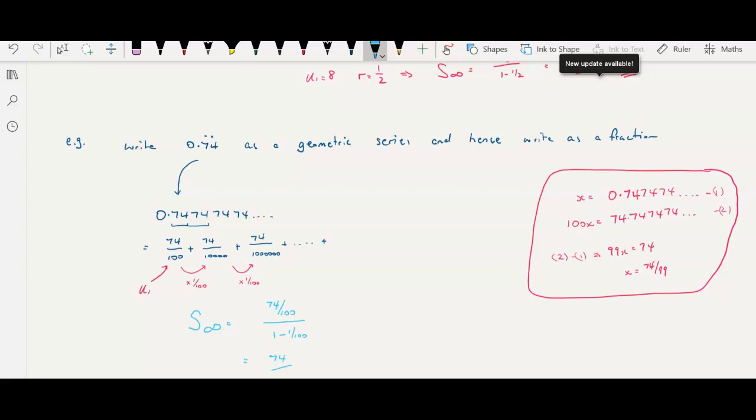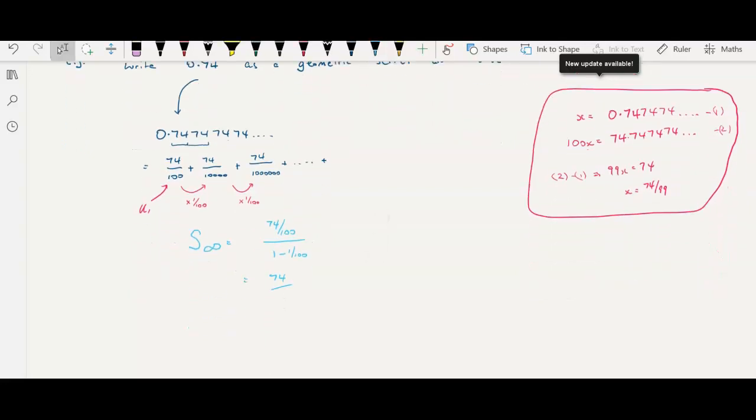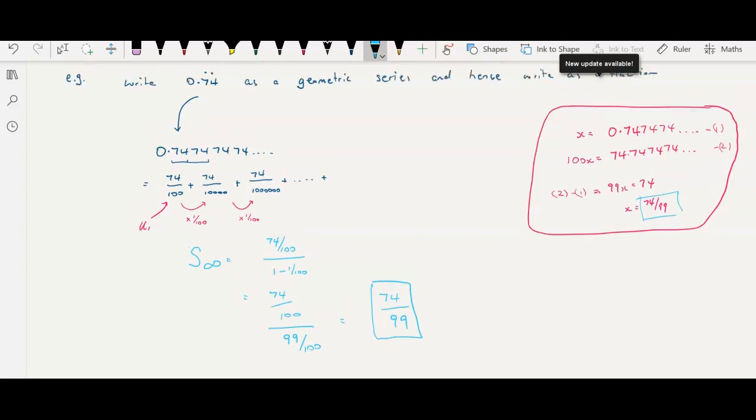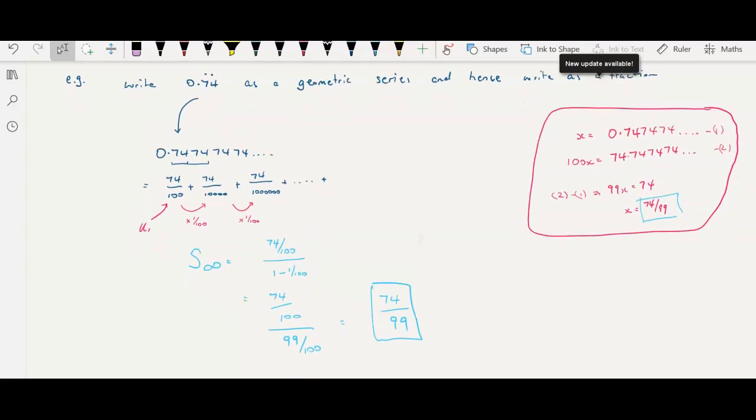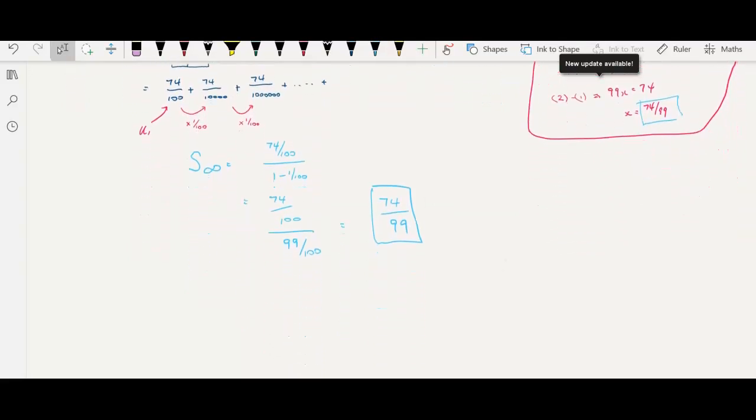So this looks like 74 over 100 in my numerator, and 99 over 100 in the denominator, which becomes 74 over 99, which we of course expected, but a nice way to achieve that outcome, considering a recurring decimal as an infinite geometric series.